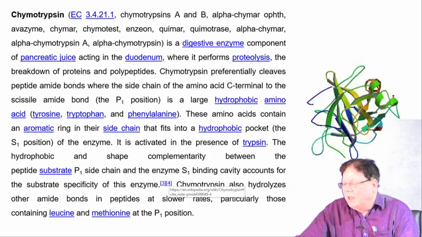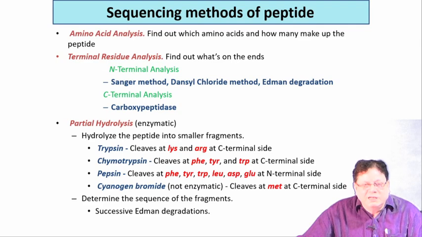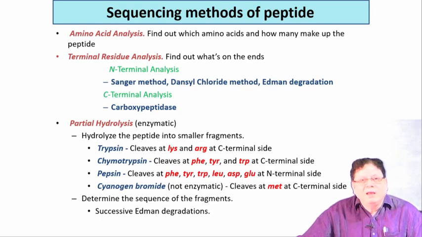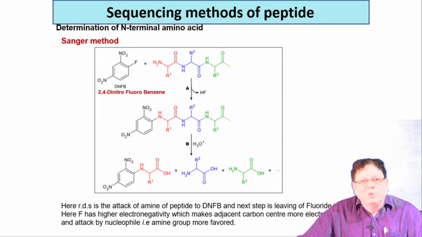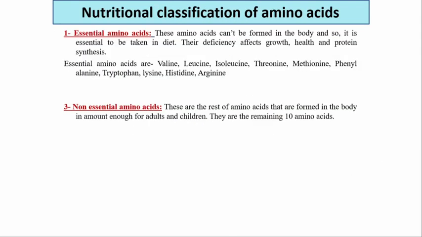Okay. Now, I told you that when you take the food, it has to be digested and fragmented into smaller pieces, the amino acids, and then these amino acids are absorbed and are used to make the proteins that we require. The question is, can we make our amino acids inside the body or not?